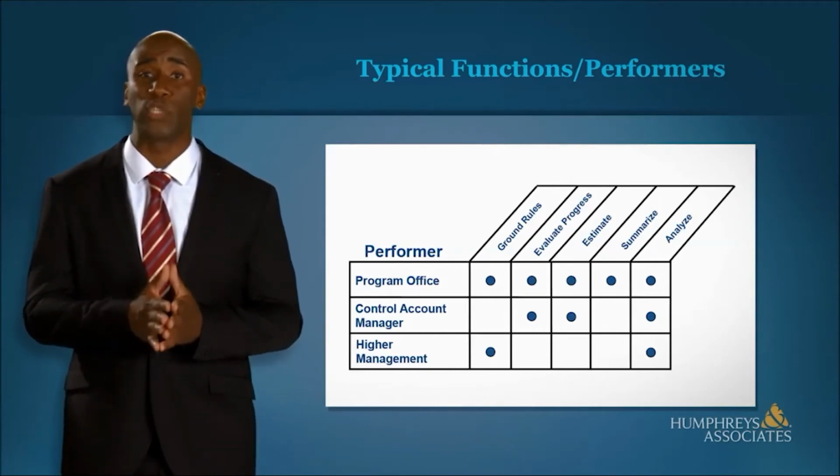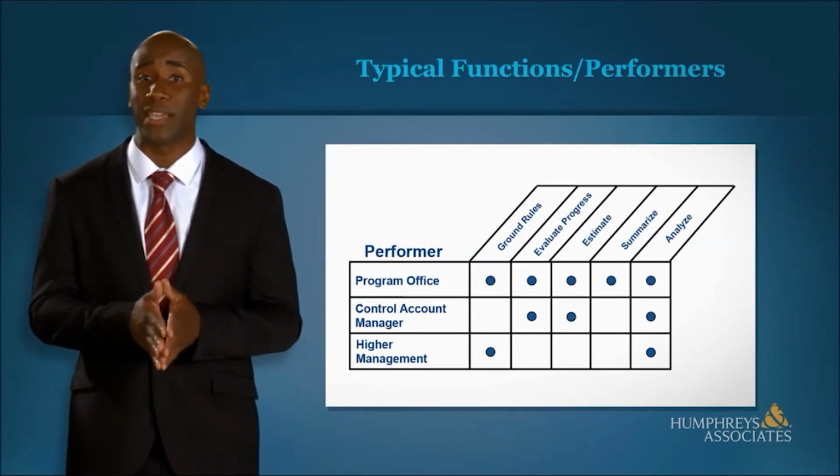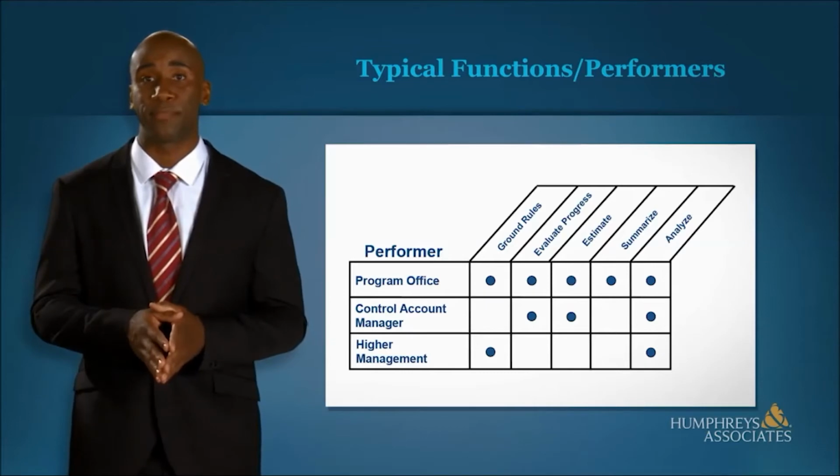This should include important scheduled dates, such as a critical design review, major delivery dates, and contract milestones. Any risks in the schedule that could impact the EAC should also be documented.